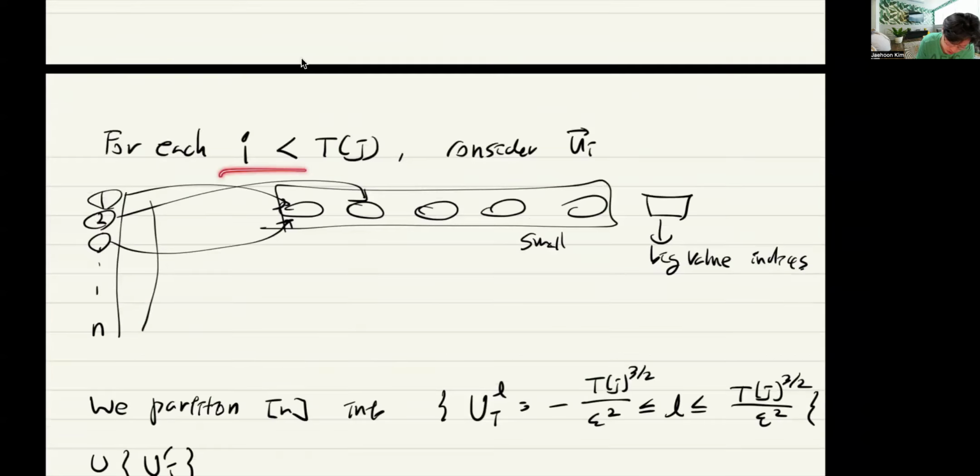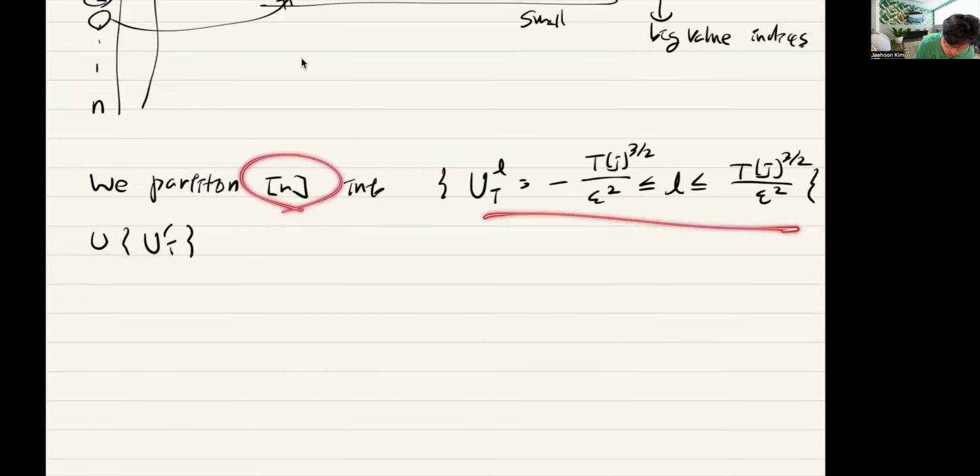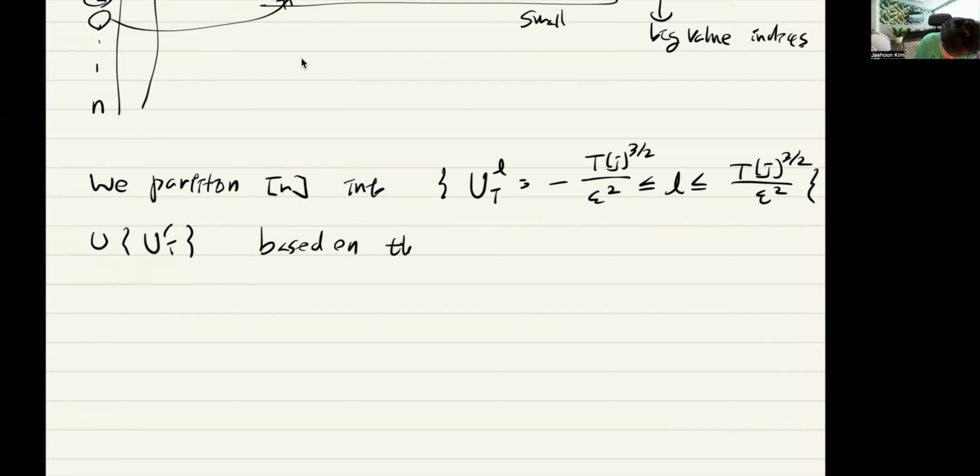So for this fixed i, we partition this into these sets based on the coordinate of u_i, the value of coordinate u_i. Let's write u_ik is the kth coordinate.